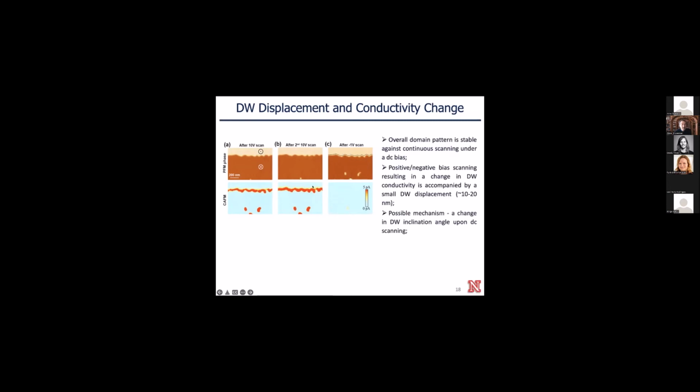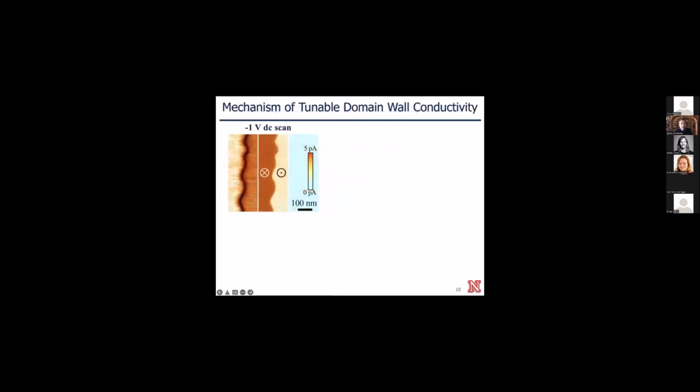And this shift is accompanied by the complete disappearance of the domain wall conductance. So it was conducting and it became insulating. So what's going on?